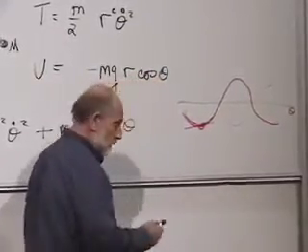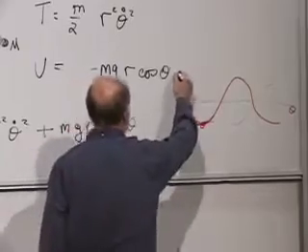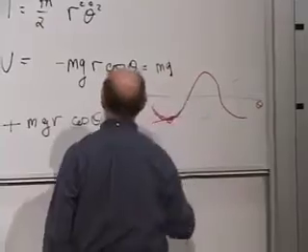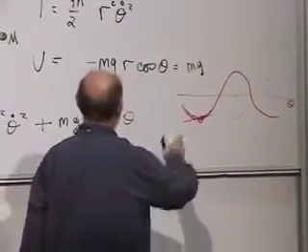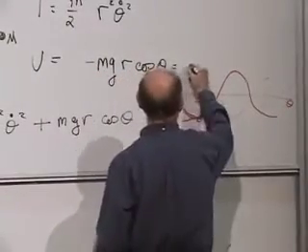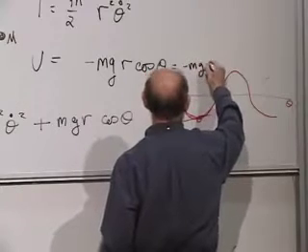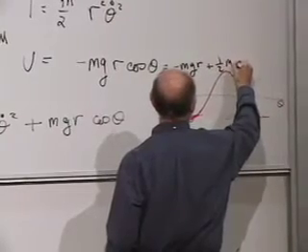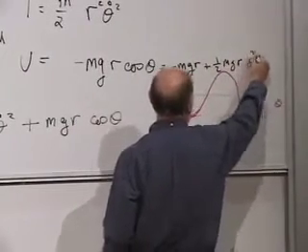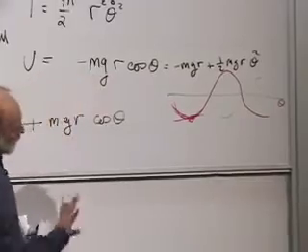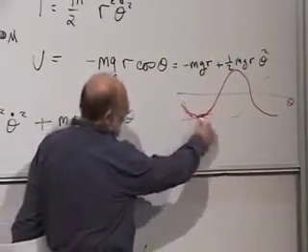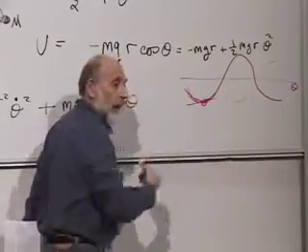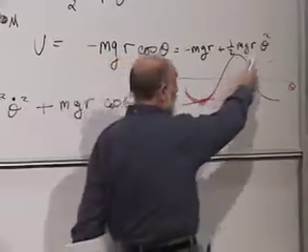In fact, to second order in theta, it's equal to mg, well, let's get it straight. It's minus mgr, which is just a constant and not interesting, plus 1/2 mgr theta squared. I'm simply using the fact that near the bottom of the orbit like this, you can approximate this curve by a parabola, something proportional to theta squared.